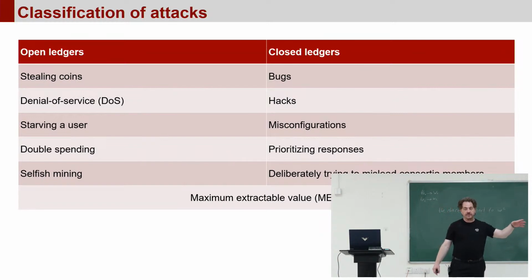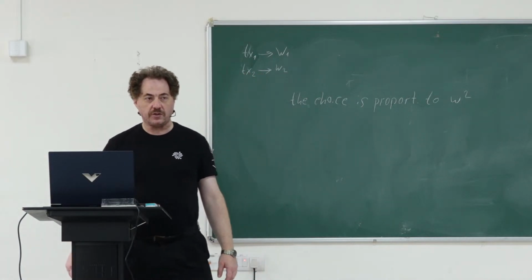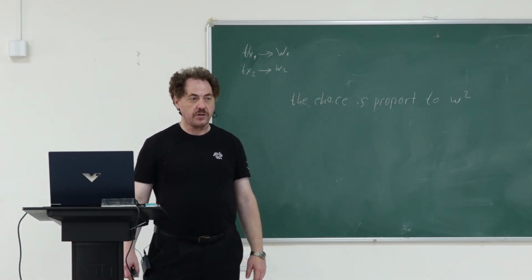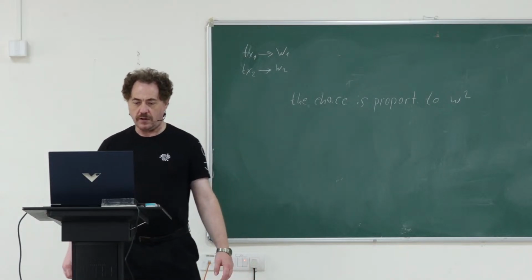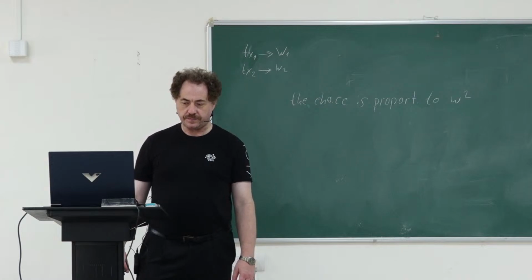So external clients, like in a database, can launch an attack on the ledger in some cases. But anyway, denial of service attacks are not nearly as typical and not nearly as dangerous in closed ledgers as they are in open ledgers.